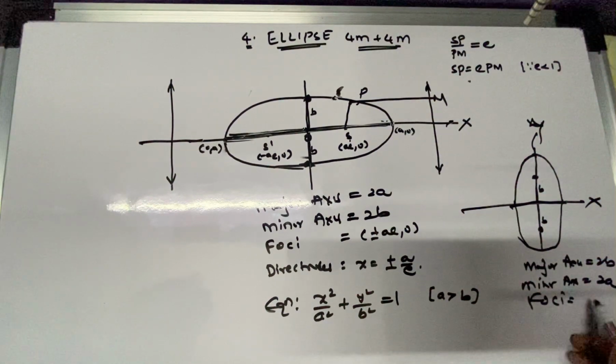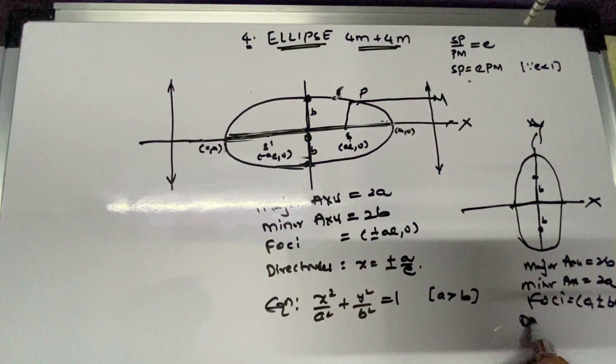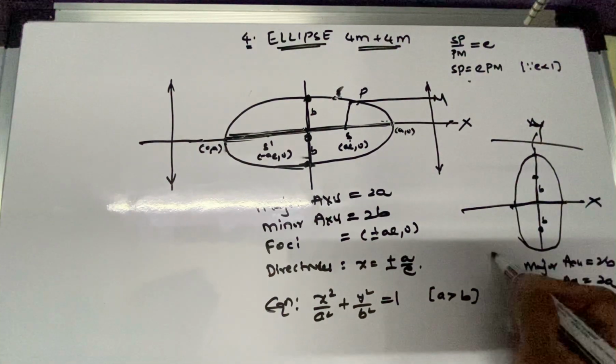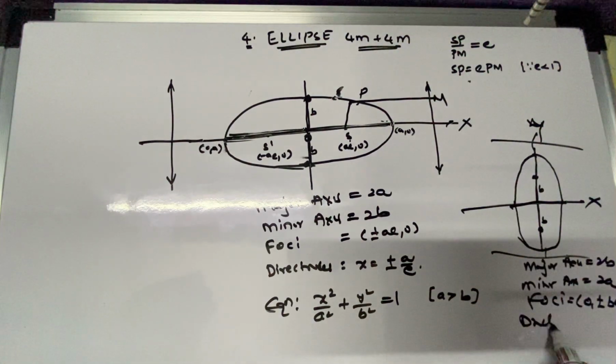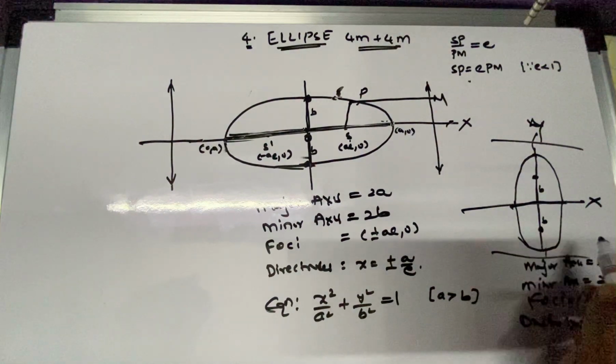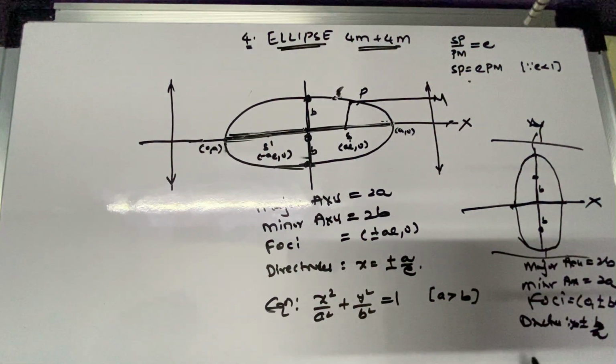Then we have foci here. Foci will be 0 comma plus or minus B. Then directrices. Directrices means one line here and one line here. So directrices are y equals plus or minus B by E. Then similarly we have the same equation, x square by a square plus y square by b square equals 1. But in this case, b is greater than a.